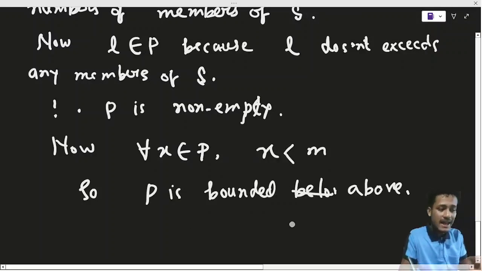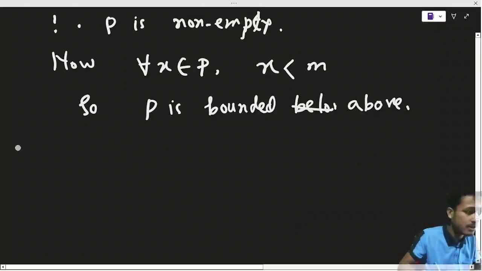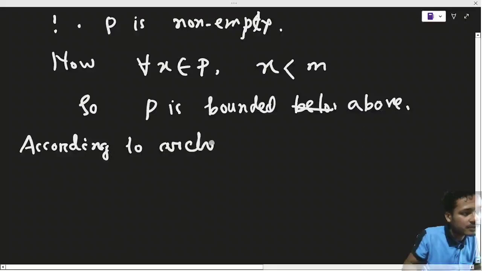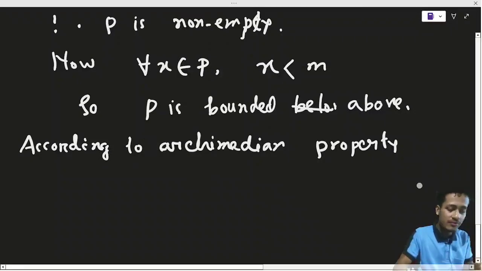And अगर ऐसा एक set of real numbers which is bounded above has a supremum, according to Archimedean property, every set of real numbers which is bounded above has a supremum.